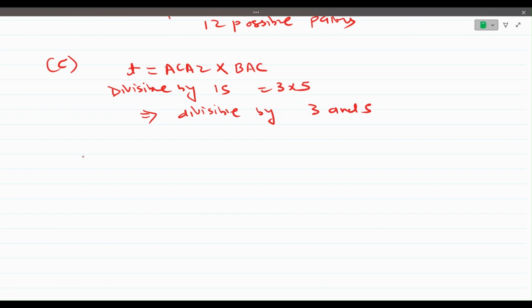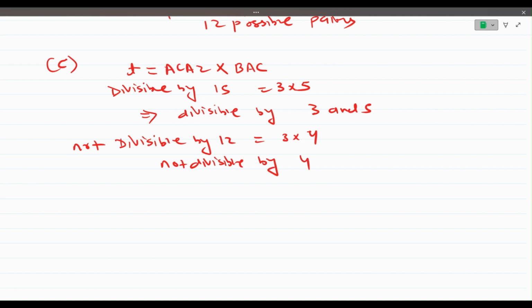And if it is not divisible by 12, which is 3 times 4, it means this is not divisible by 4. So it is divisible by 3 and 5, but not divisible by 4.